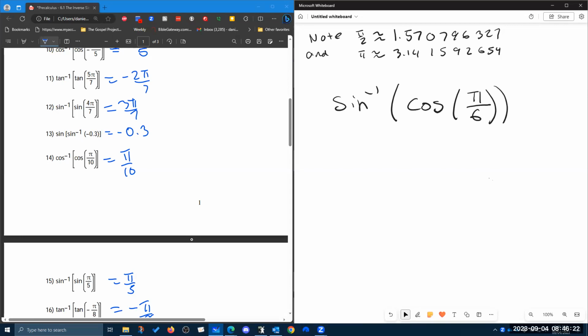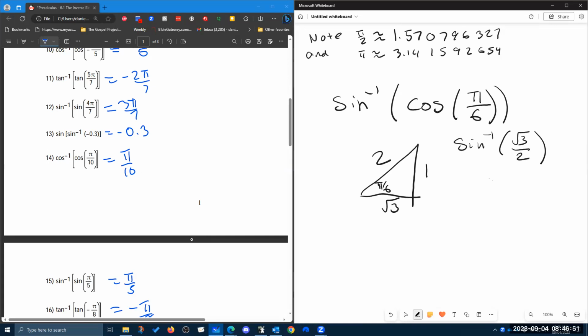Okay, so let's draw that triangle. Here's pi over 6, and the reference triangle here is going to have 1, √3, and 2, like that. So this is going to be arc sine of cosine, which is going to be √3 over 2.